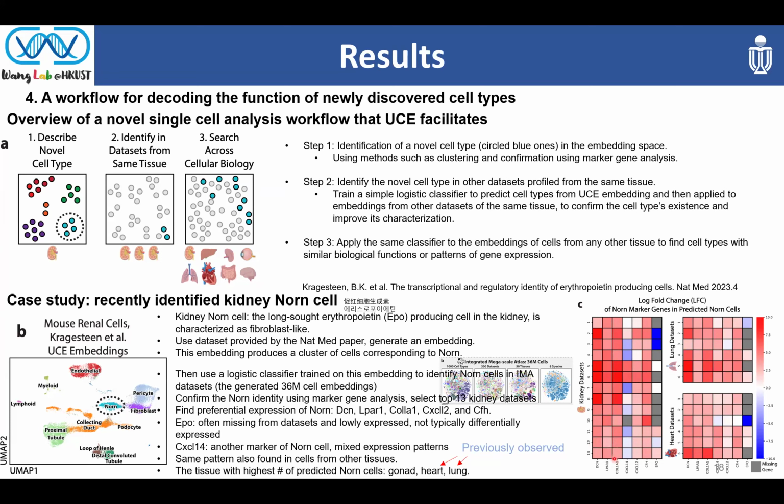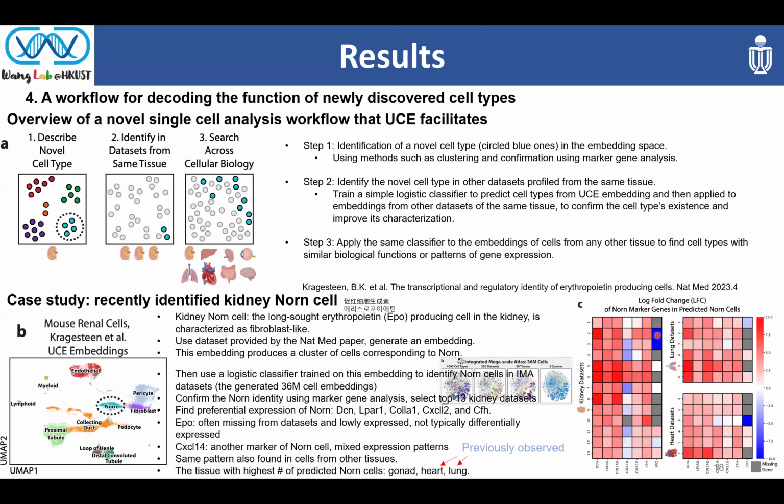There are 5 genes in this dataset that are highly expressed: DCN, LPAR1, COL1A1, CXCL2, and CFH. Those 5 genes are highly expressed. And for another marker gene, EPO, it is always missed in the dataset and lowly expressed.